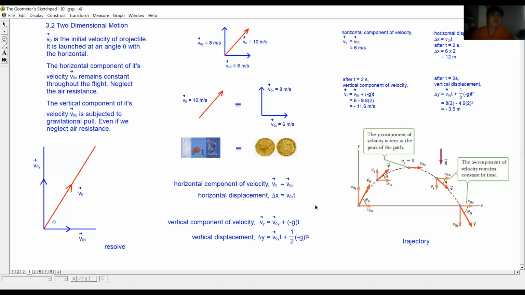Okay, now coming back to solving problems, right? So this velocity, we can resolve it into two components. The horizontal component, we call it v naught x, v naught x.